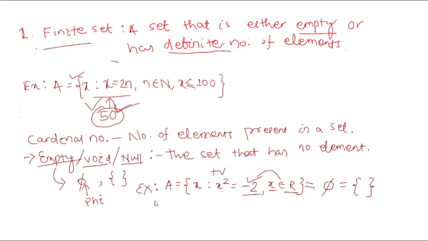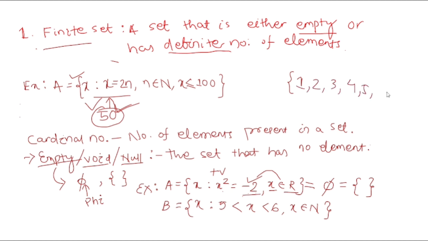Also, another example, let B be a set where x such that 5 less than x less than 6 and x belongs to natural number. The set of natural numbers is like 1, 2, 3, 4, 5, 6, 7, like that.